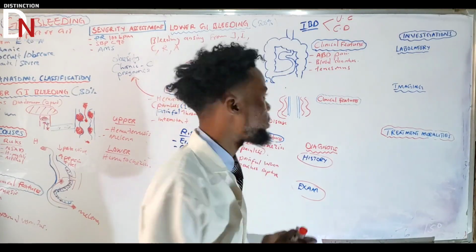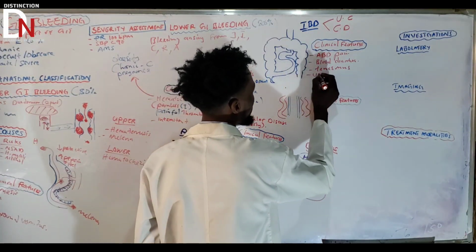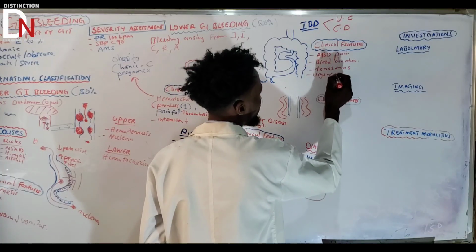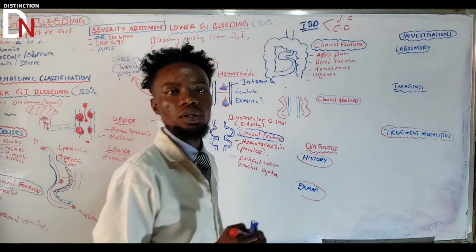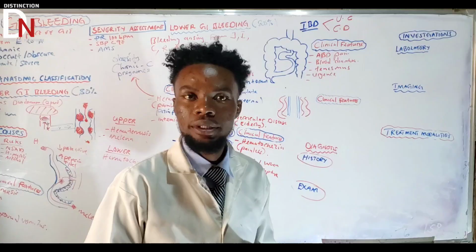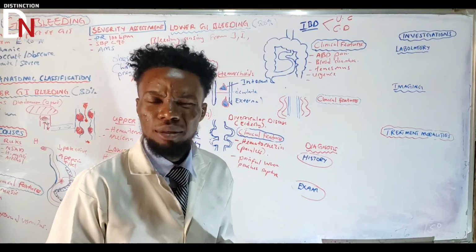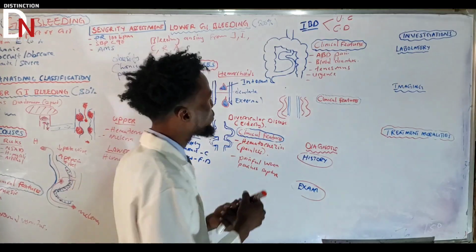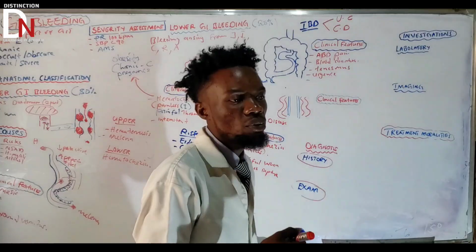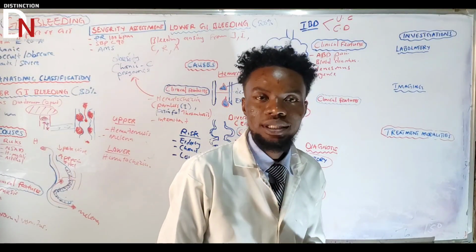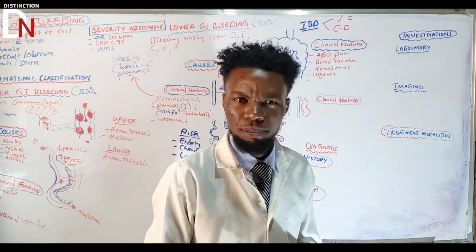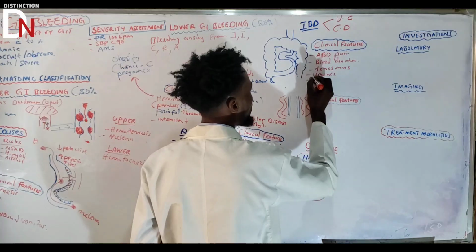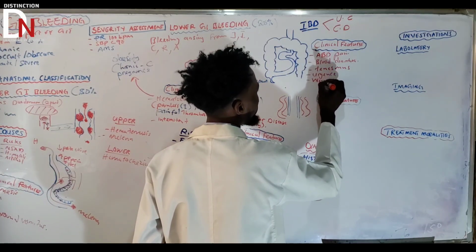And they are going to have urgency. So a lot of clinical features can present with IBD. What is the other important clinical feature you can also take note of? They can also present with systemic clinical features, like weight loss.